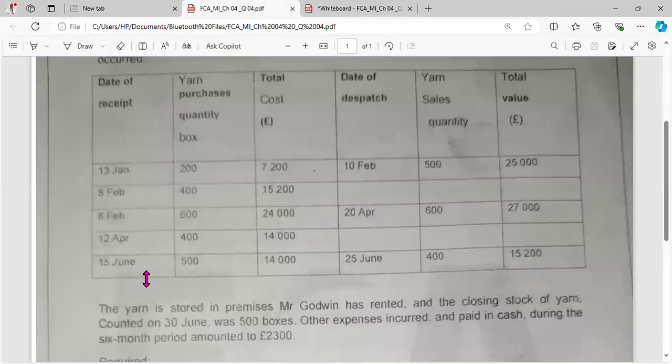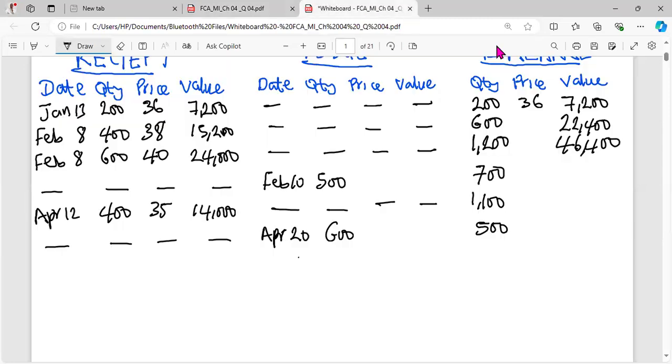Nothing else here. Then we go to the next question. After April 20, June 15, 500, 14,000. So we'll say June 15. It's going to be 500, 14,000. So here is dash, here is dash, here is dash, here is dash. So once again, we'll find how much is the price.